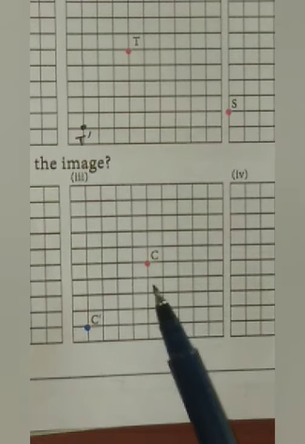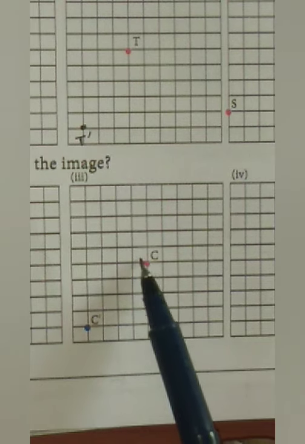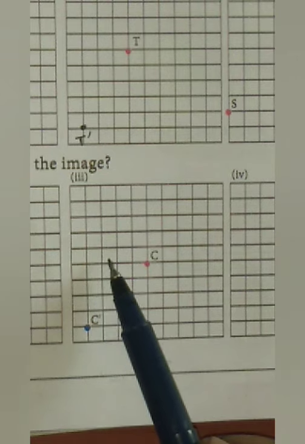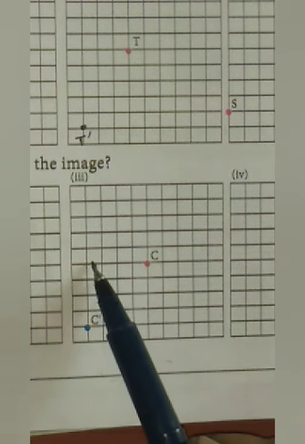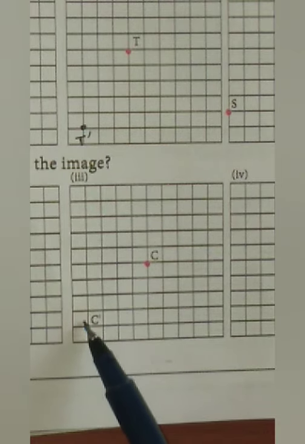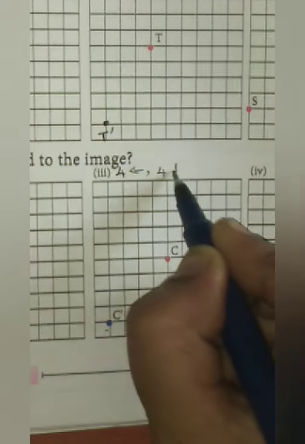Third subdivision, here this point moved 1, 2, 3, 4. 4 units to its left. 1, 2, 3, 4. 4 units downward. So write 4, draw an arrow which shows left side, comma, then again 4, then a downward arrow.